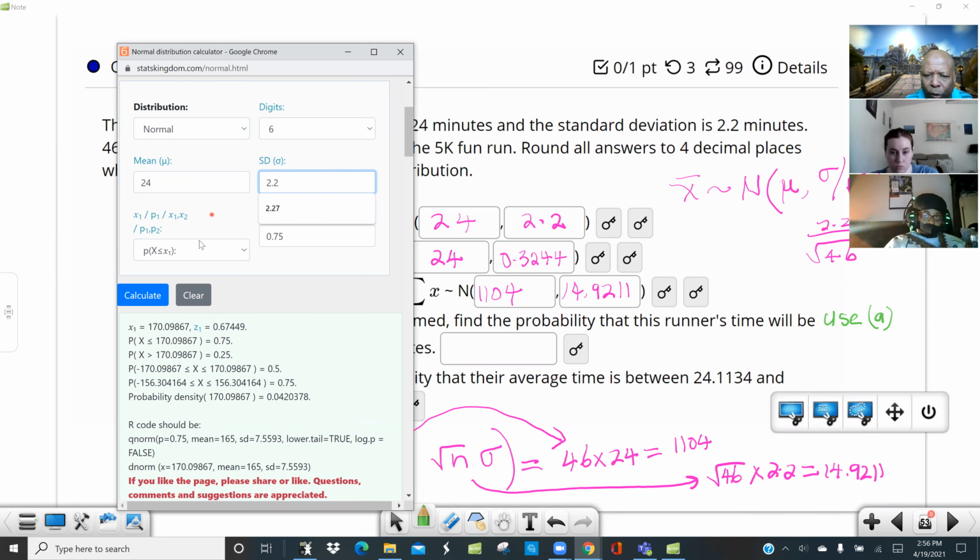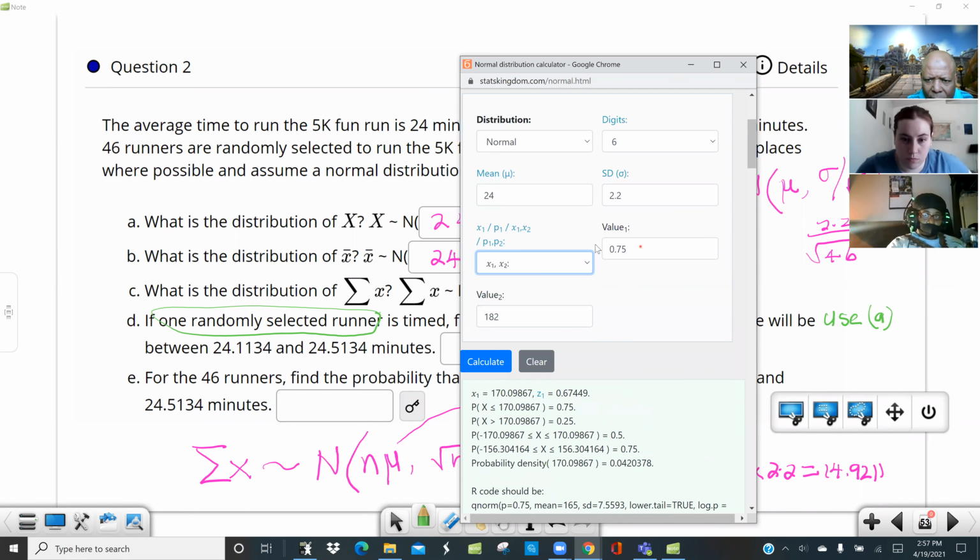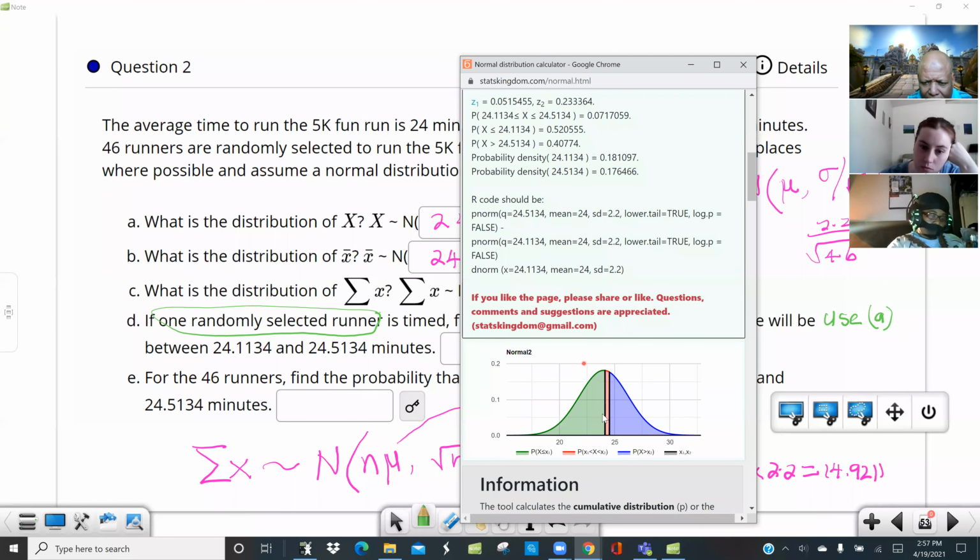And you want to be between which values? 24.11 and 24.51. So I'm going to go for these two values: 24.11 and 24.51. Then that's a very tiny little piece there.